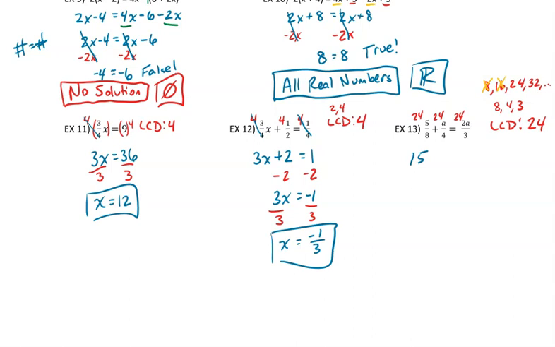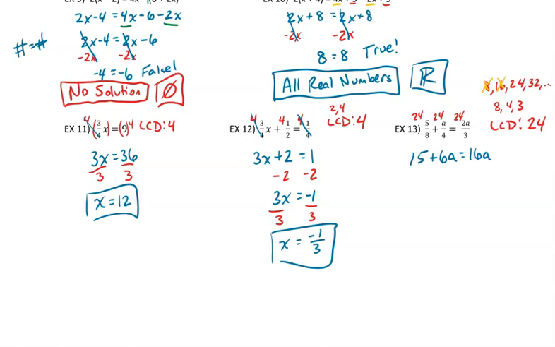For the next one, 24 divided by 4 is 6. 6 times a would be 6a. And for the last one, 24 divided by 3 would be 8. 8 times 2a would be 16a. Again, we are back to a normal equation without any fractions.